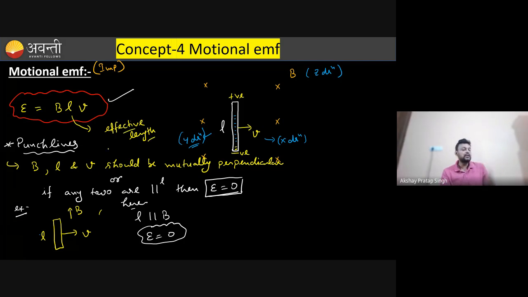Effective length. What is the meaning of effective length? The line joining the initial point to the final point is the effective length.